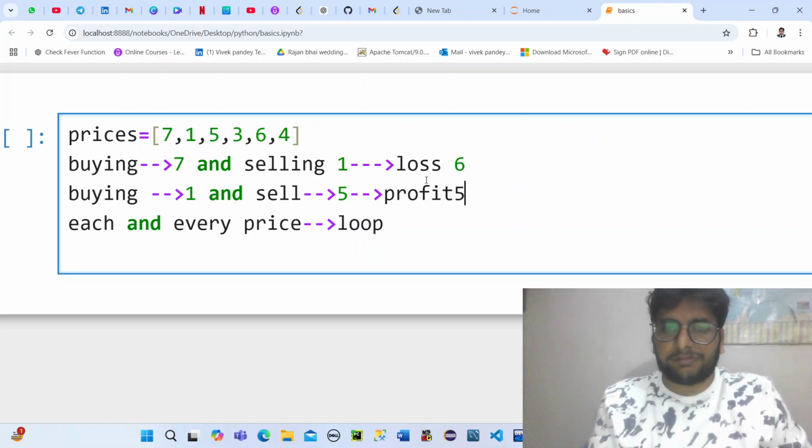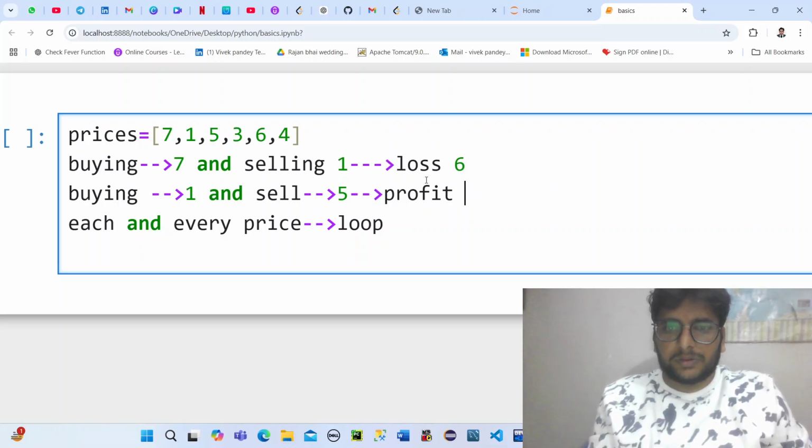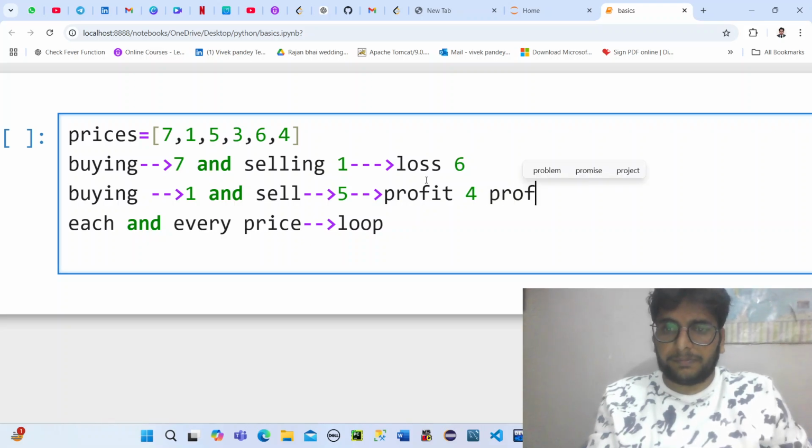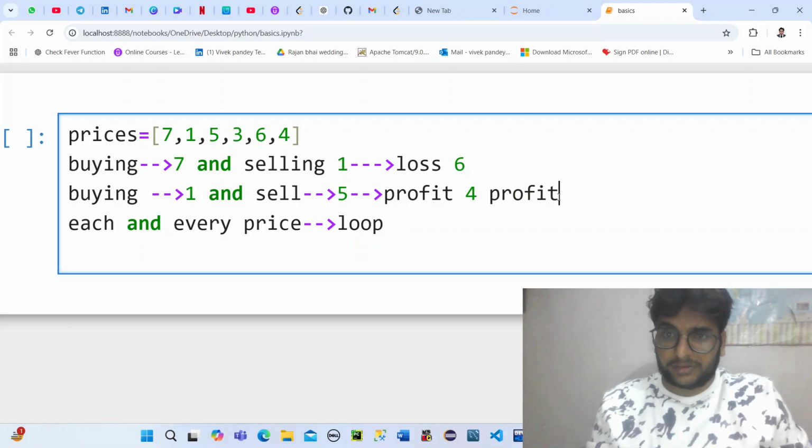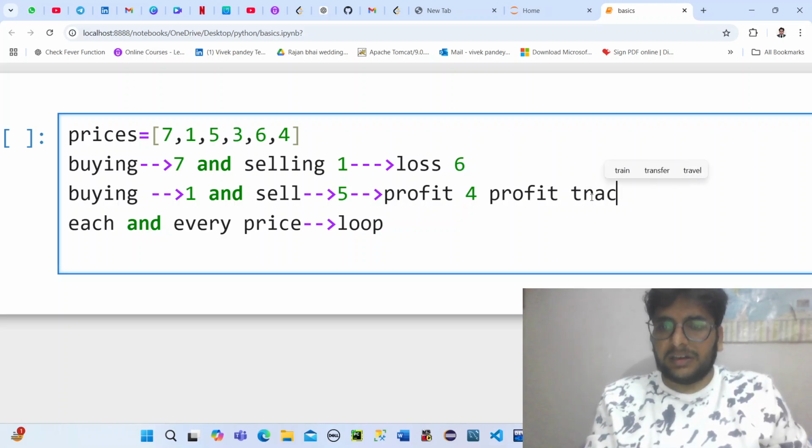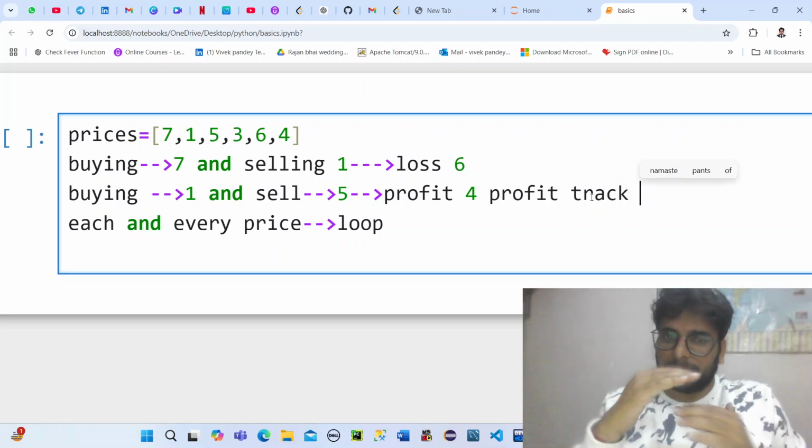So 5 minus 1 is 4 rupees profit. Up to now I got 4 rupees profit. I need to keep track of the profit.